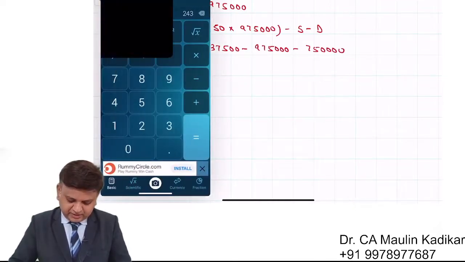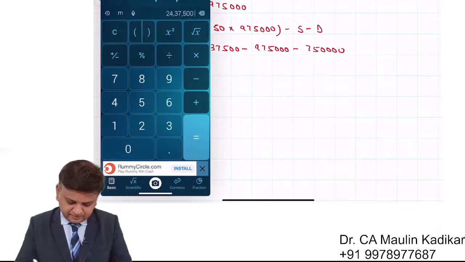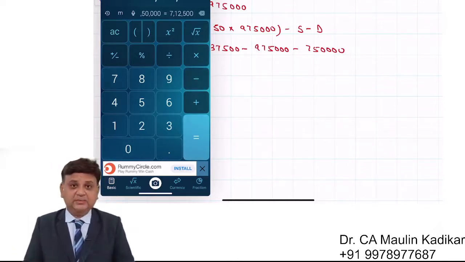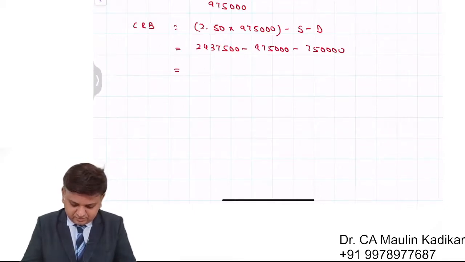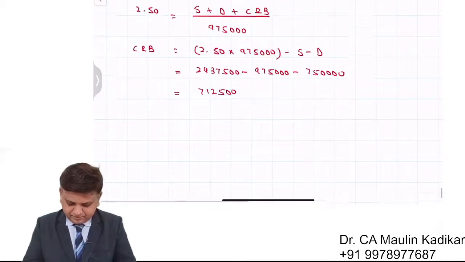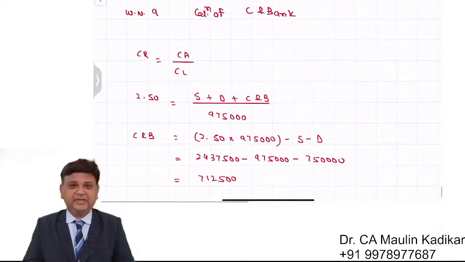So 24,37,500 minus 9,75,000 minus 7,50,000. That comes to 7,12,500. That is the way the cash and bank is calculated.